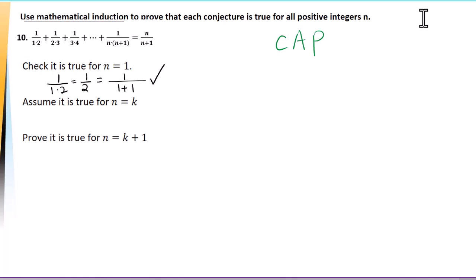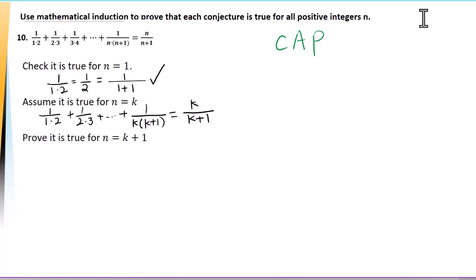It's true for n equals 1. Assume it's true for n equals k. Change every single n into k: 1 over 1 times 2 plus 1 over 2 times 3 plus ... plus 1 over k times k plus 1 equals k over k plus 1.